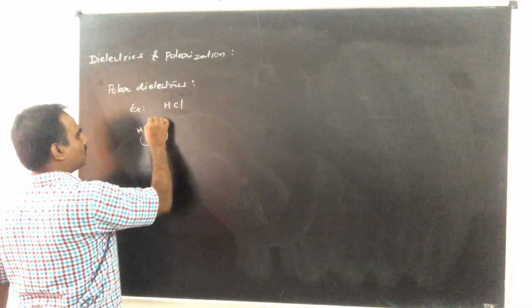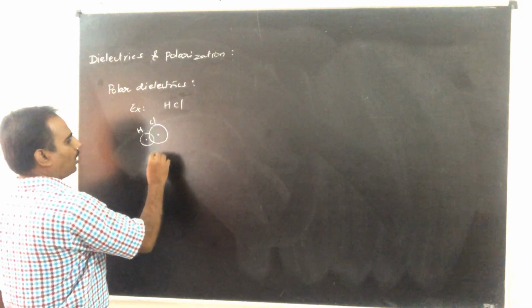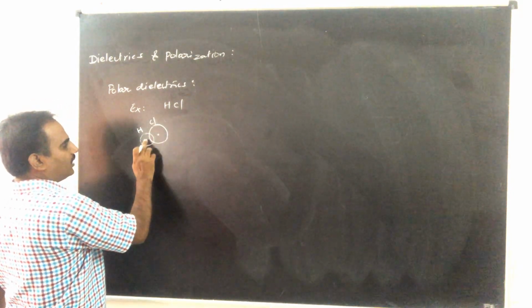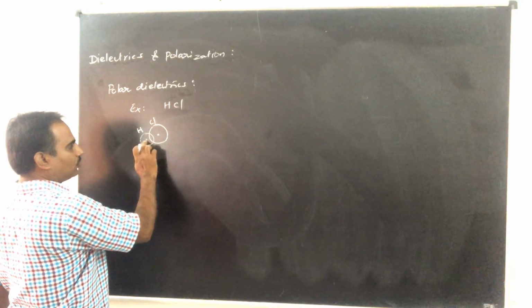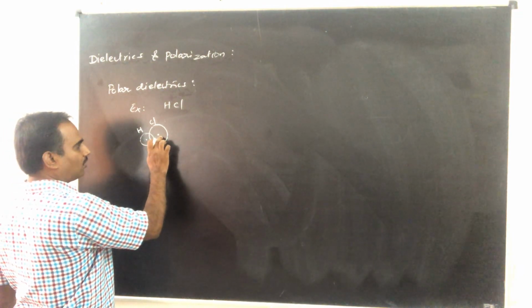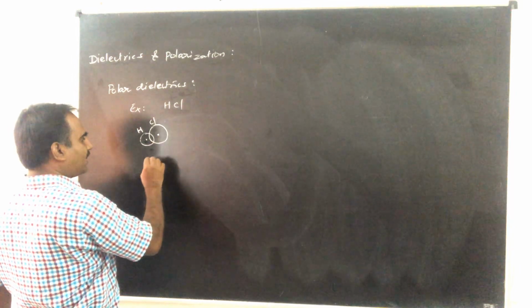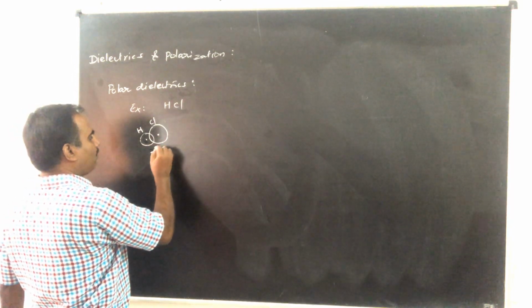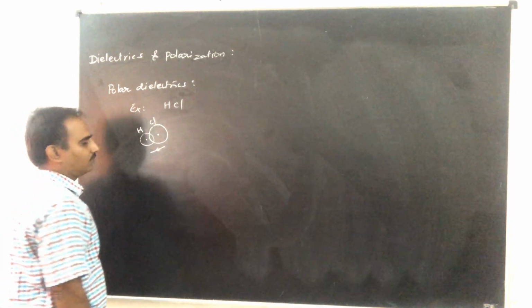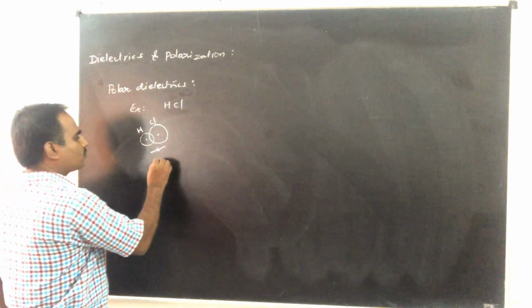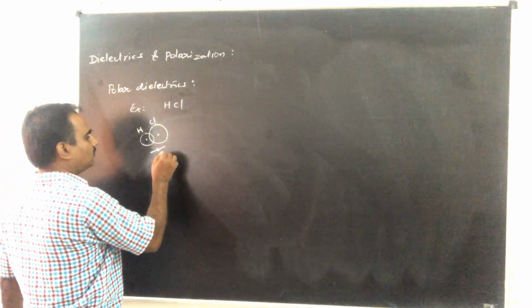So this is hydrogen and this is chlorine, and as the centers of positive and negative charge do not coincide, this molecule acts like a dipole. So there will be a dipole moment in this direction. So P is in this direction.